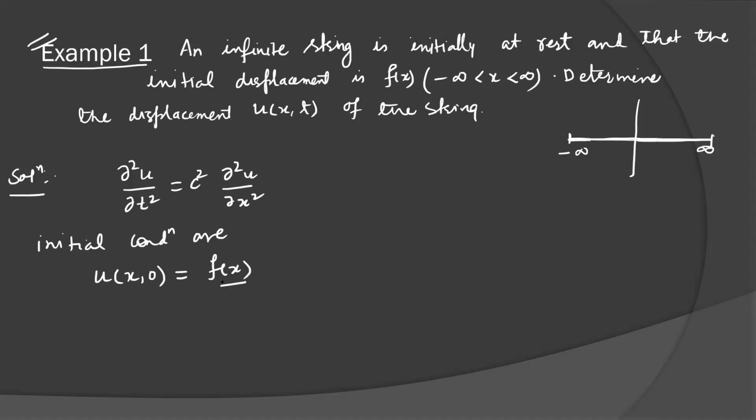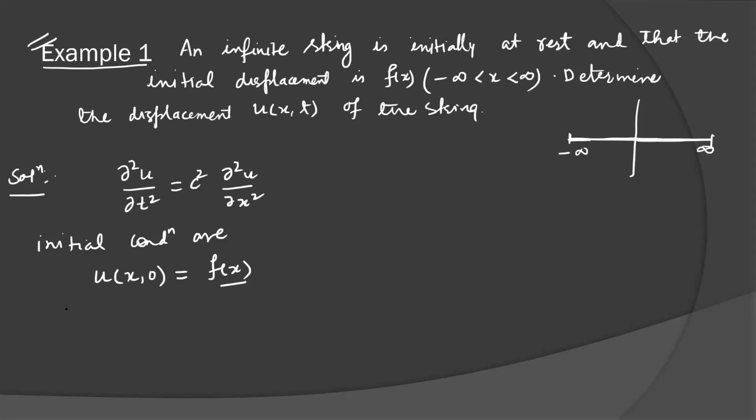I am taking the general case, where f(x) represents any general function. As in the previous lecture, part 5, I took a general function f(x), then in example 2, I took f(x) equal to v in some interval minus L to plus L. So I am discussing the general cases of the heat, wave and Laplace equations. For suitable functions, you can solve these equations.